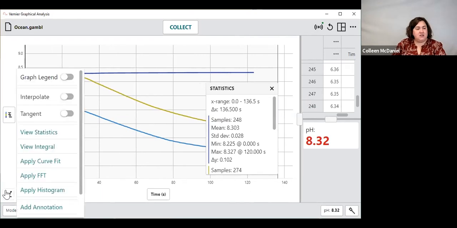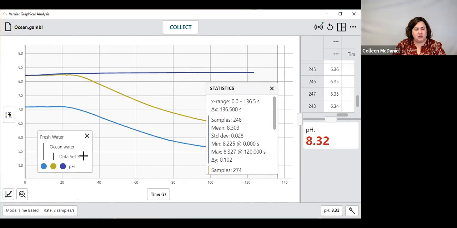I can also do a graph legend, so I can see which is which based on the color. And the key things that we pay attention to in this activity, like I said earlier, are looking at the total change of pH that happens here. So we get our minimum and our maximum, but we also get our delta Y, so we can get our complete and total change that happens.